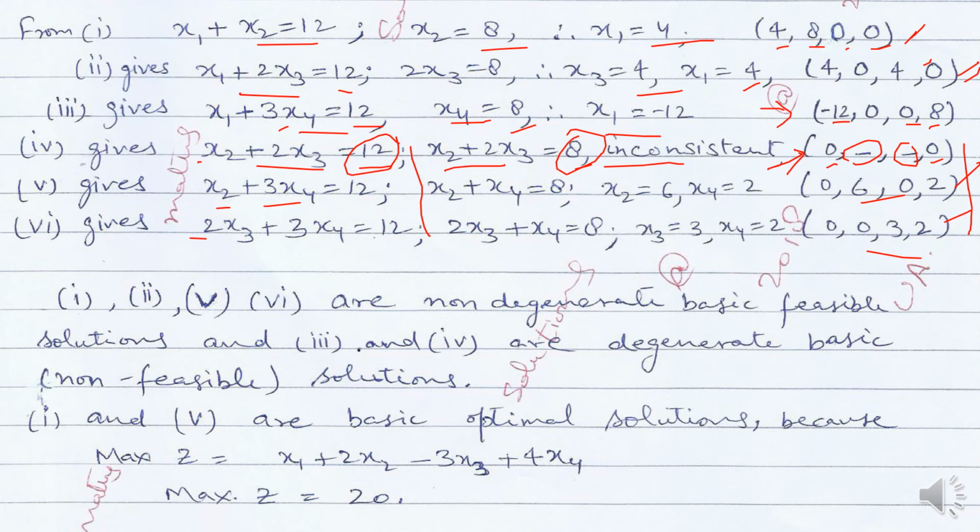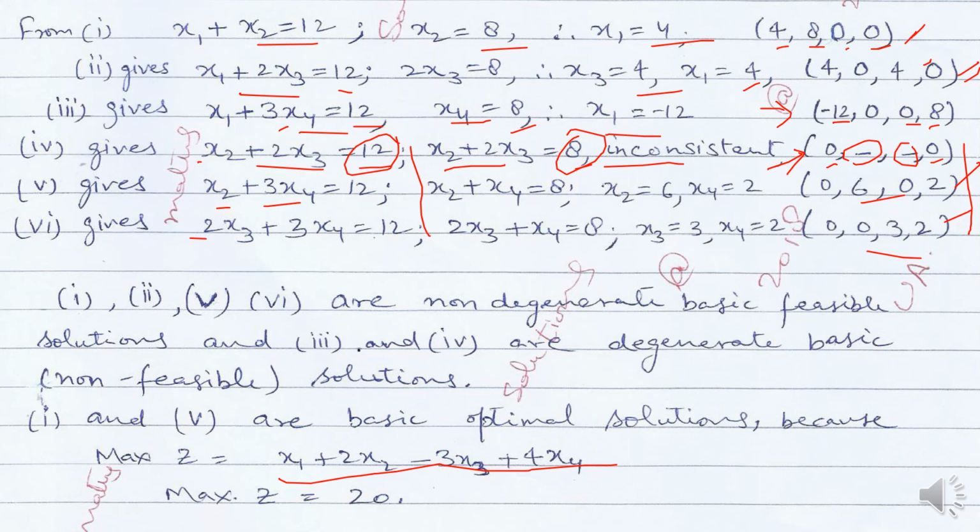Now we have to find the optimal solution, without solving it, with the help of these feasible solutions. We substitute the values of x1, x2, x3, x4 in the objective function here.